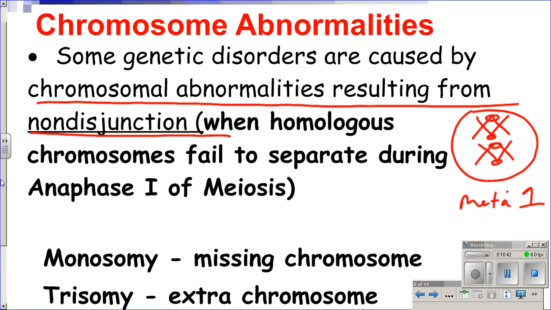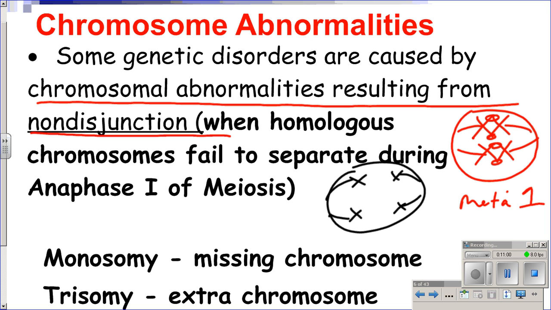What happens in anaphase 1? What separates? The tetrad separates, so the homologous chromosome goes that way and that way, right? So then we end up with a cell that should have something like this. This and this.